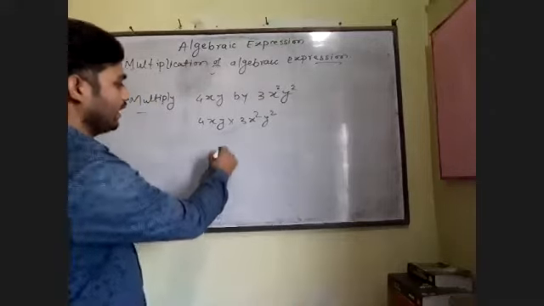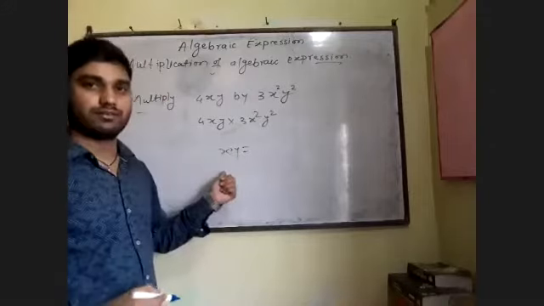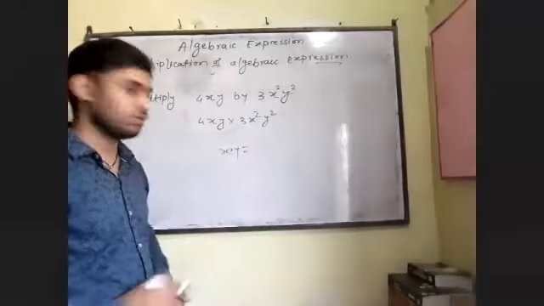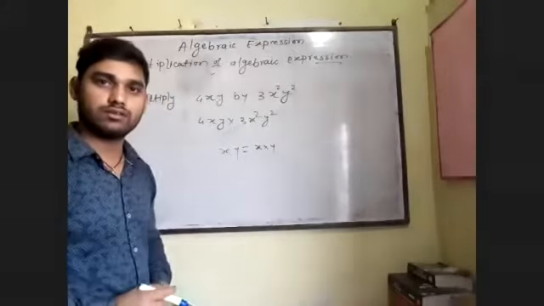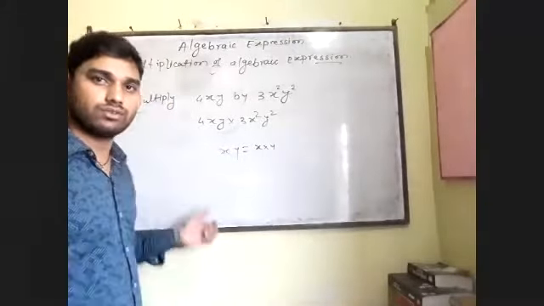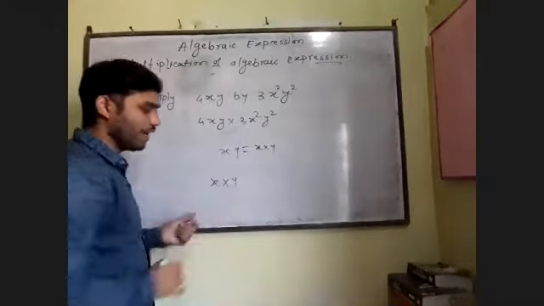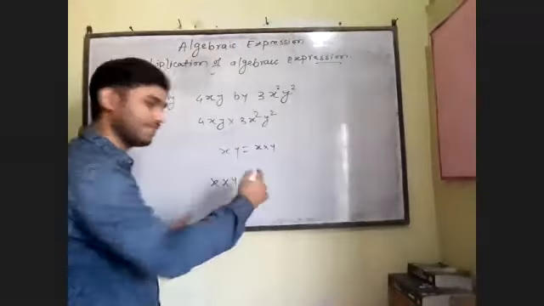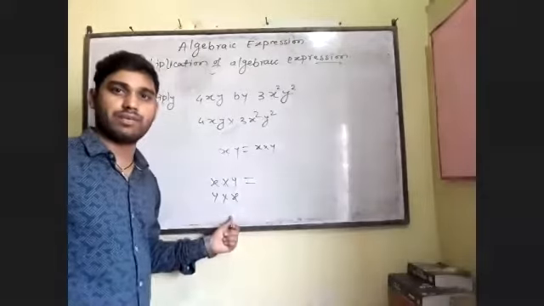So see, xy can be written; here it is the sign of multiplication, so it can be written as x into y also. Understood? x into y, the value will be the same as y into x.